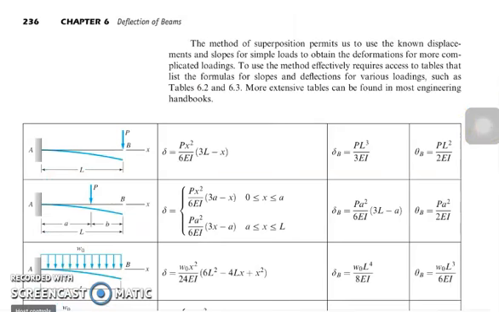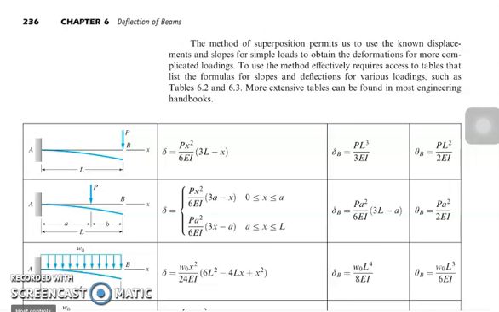We have to take note that the method of superposition permits us to use the known displacements and slopes for simple loads to obtain the deformation for more complicated loadings.